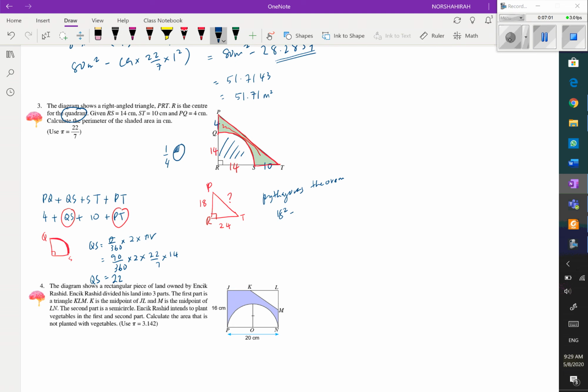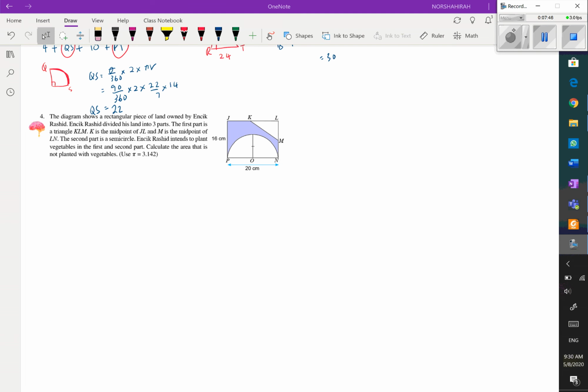So, 18 square plus 24 square, you get 900. Square root 900 you akan dapat 30. So, panjang PT adalah 30. Kita dah dapat semua panjang. So, perimeter of the shaded area adalah PQ plus QS plus ST plus PT, which PQ adalah 4, QS kita 22, ST kita adalah 10 and PT is 30. You add up all these, you akan dapat 66 cm.